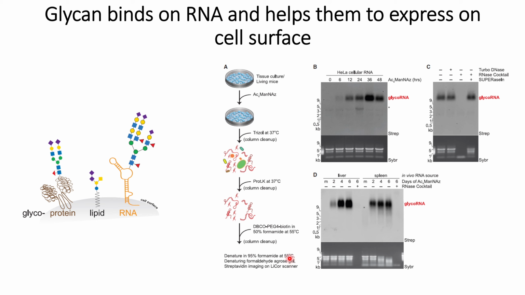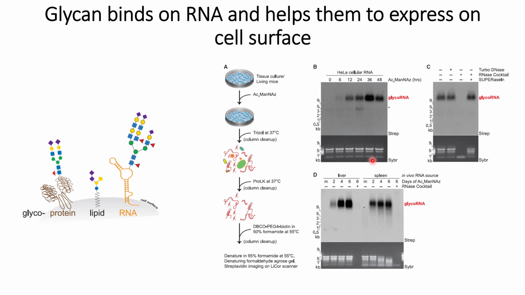Then they denature it, run it on the gel, and measure the sample using different methods that we will discuss as we go through the figure. So this is the general experimental procedure.